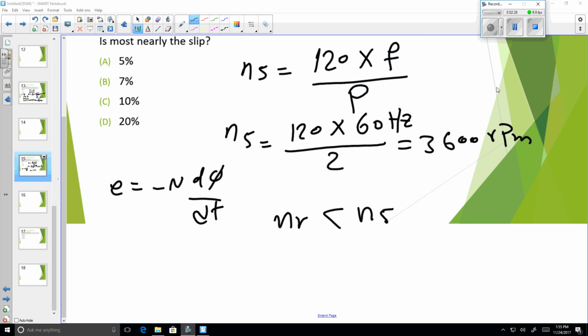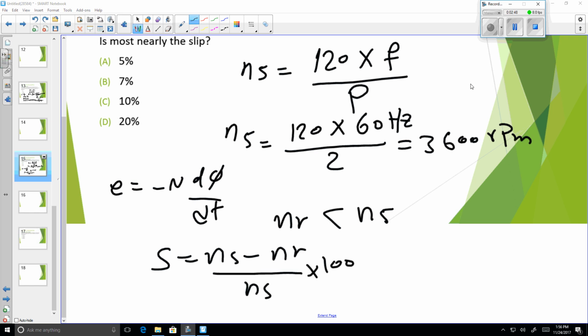All right, so now the slip refers to the difference between the rotor speed and the synchronous speed of the magnetic field. So S is NS minus NR over NS times 100. We already calculated NS, the synchronous speed of the rotating magnetic field.